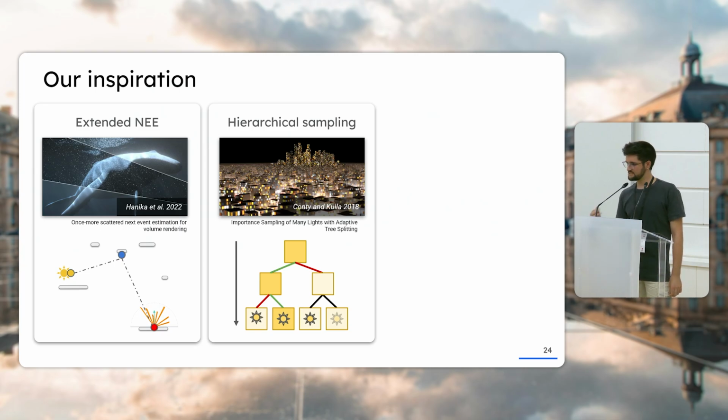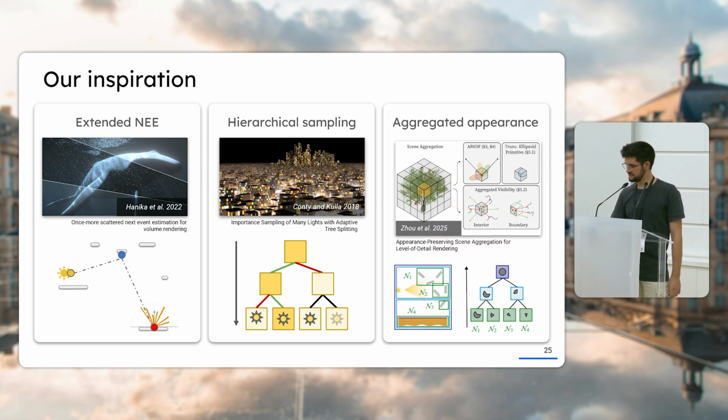But we were still missing some heuristics for this top-down traversal of our hierarchical structure. And for that, we drew inspiration from aggregate appearance works, such as the recent one by Zhou et al., which allow us to consider the total contribution of several surfaces in a statistical way. So we use this to expand the information in each node of the scene's BVH with some useful statistics that describe its aggregate appearance.